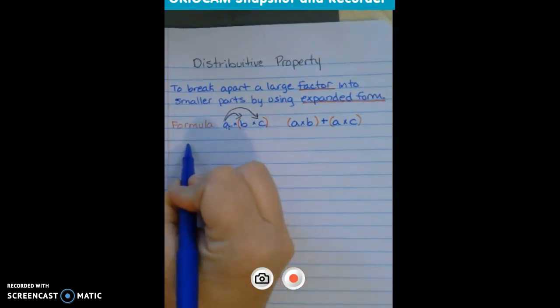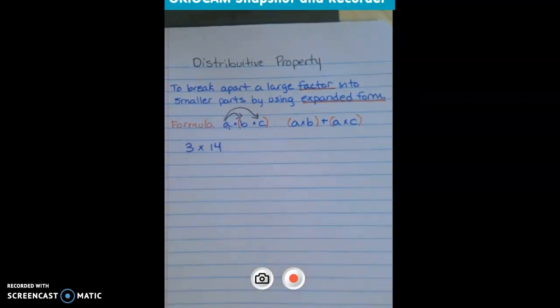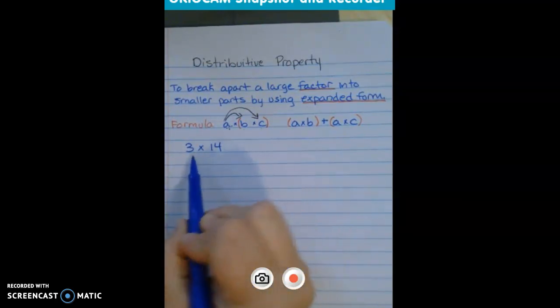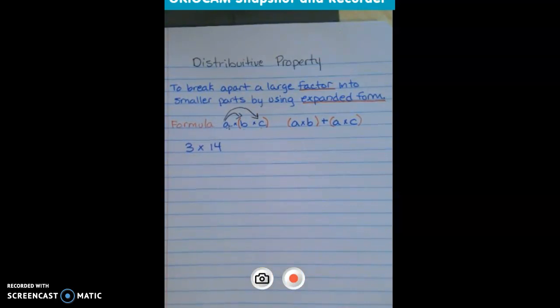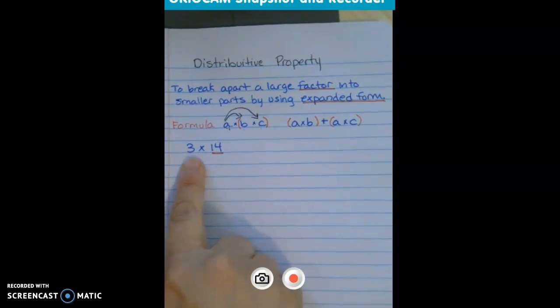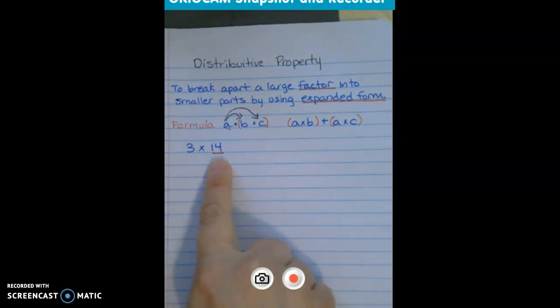So let's say I have the problem 3 times 14. So this number 14 is a 2-digit number. Any number that we multiply by that has 2, 3, or more digits, we want to stretch that out into expanded form and then multiply the first factor here that we have by both parts of the expanded form of our number.